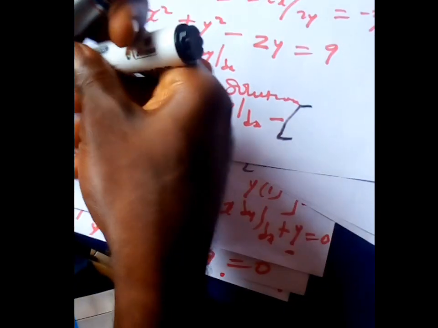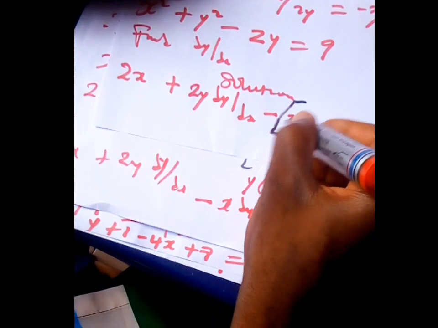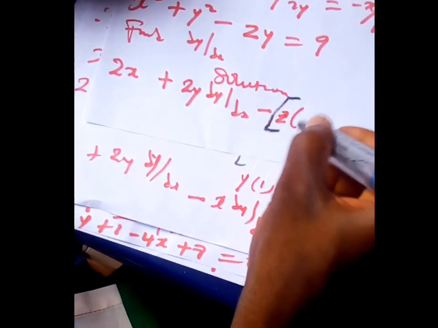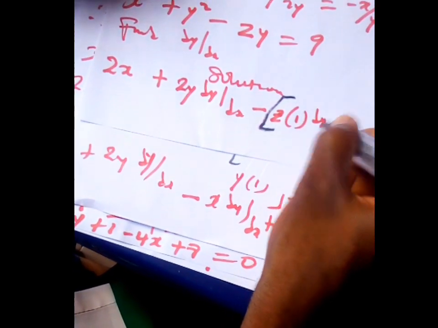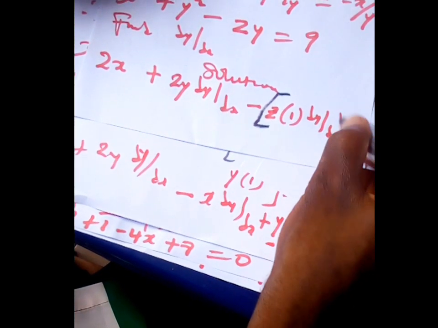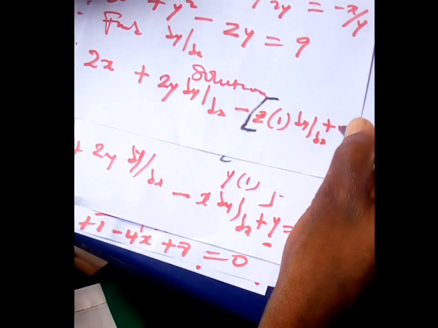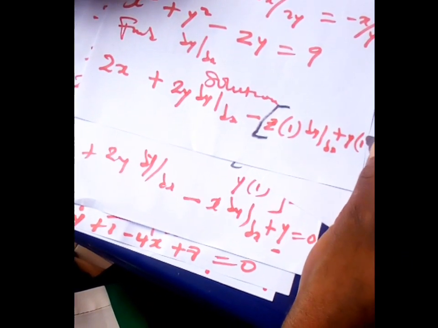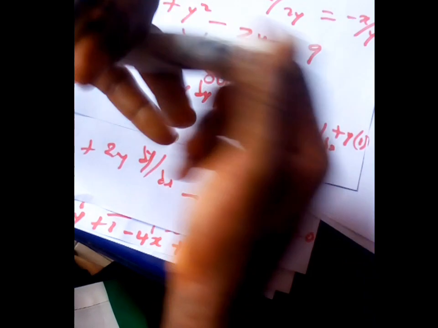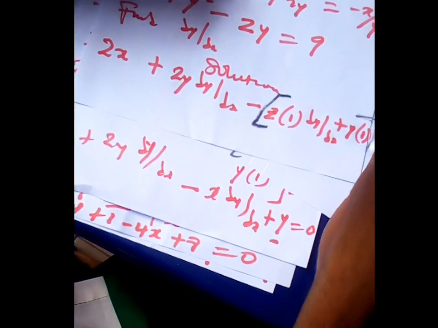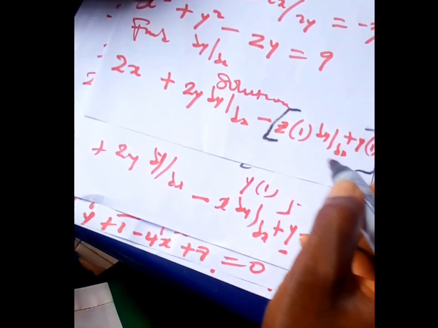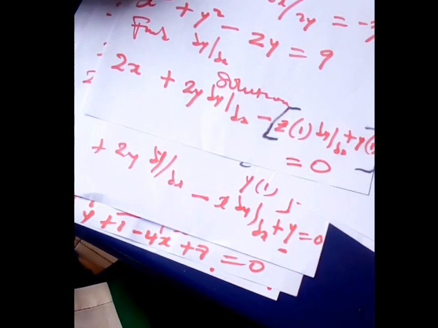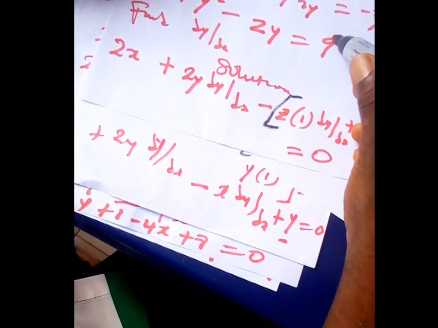Keeping x constant, we differentiate y, then we attach our dy dx, plus keeping y constant, we differentiate x. Differentiating x will be having 1, so we equate it to 0, because the derivative of any constant is 0.